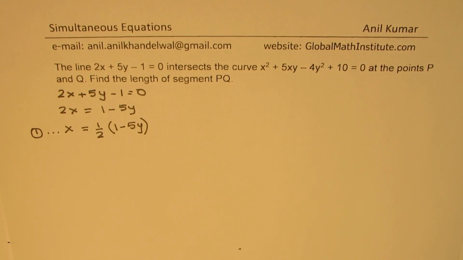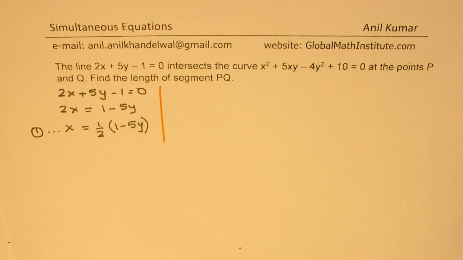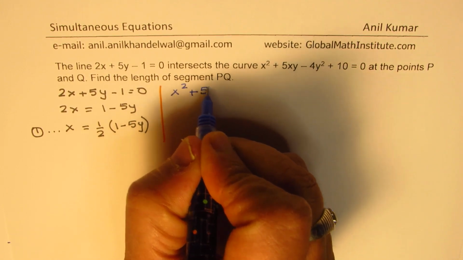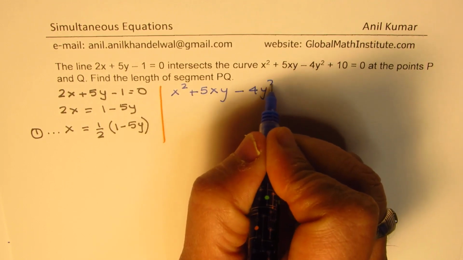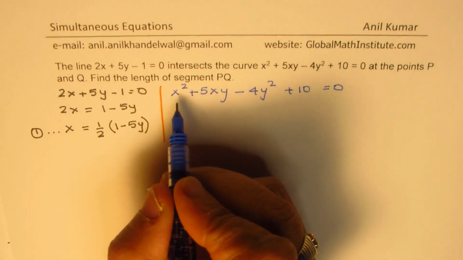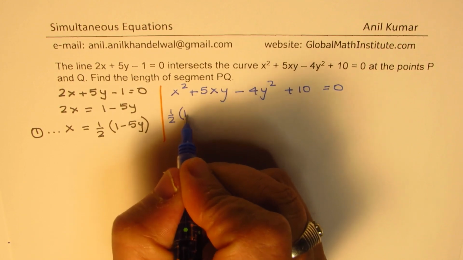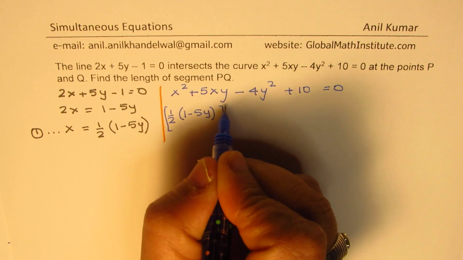The other equation given to us is x squared plus 5xy minus 4y squared plus 10 equals 0. Now instead of x, we'll write half of 1 minus 5y, and this whole will become squared, right?